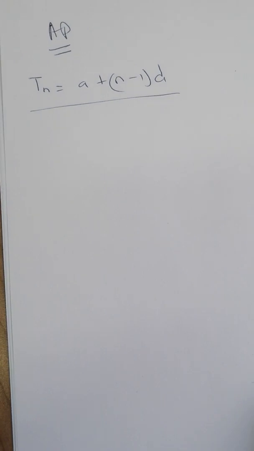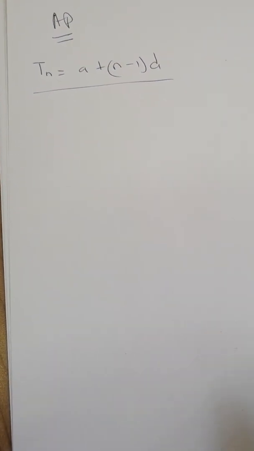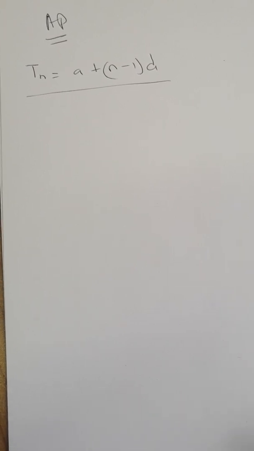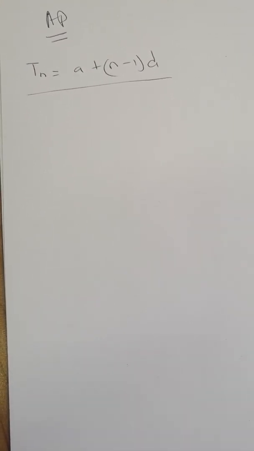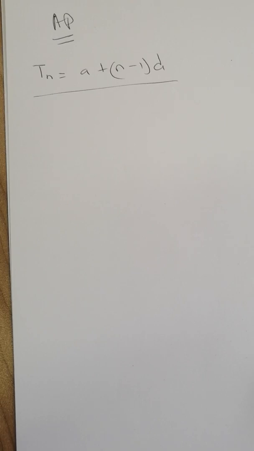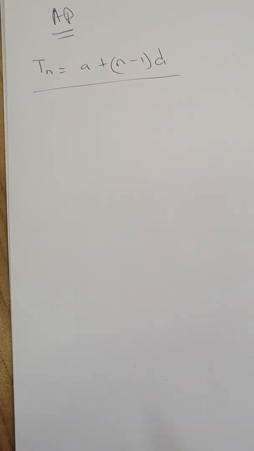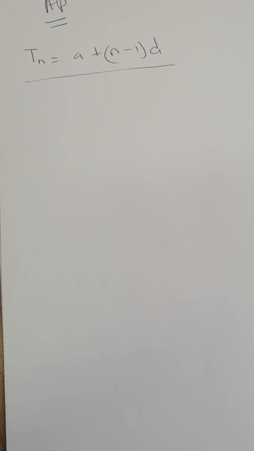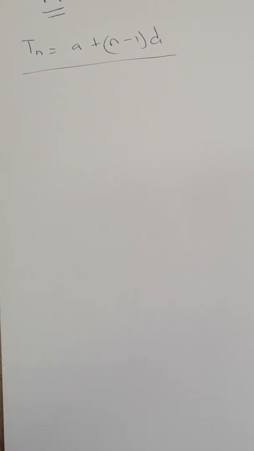This is the formula for finding the nth term. The nth term can be the first term, the second term, the third term, the fifth term. So Tn just refers to the number of the term.